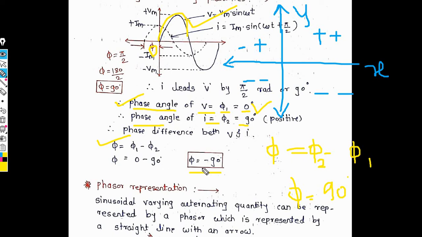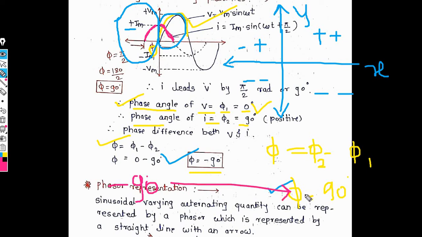That means minus 90 is applicable for this side, and plus 90 is applicable for this waveform. Here is the positive waveform, and this is the negative waveform. The first waveform will start from the negative side to the positive side, with angle minus 90 to plus 90. Now this is the phase difference between voltage and current.